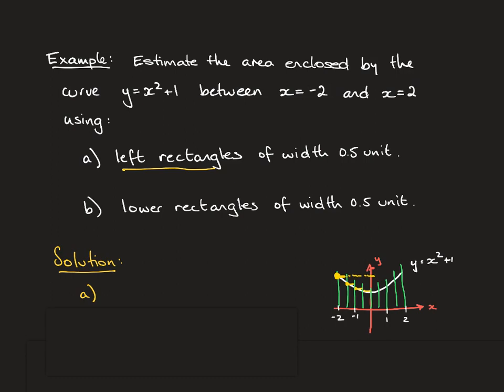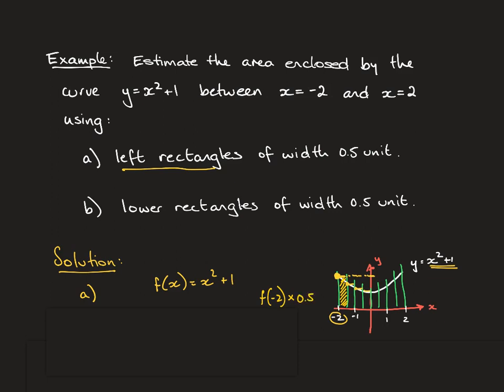And to find that height, what I need to do is substitute -2 into the equation x squared plus 1. So if I let x squared plus 1 be f of x, so let f of x be equal to x squared plus 1, then the area of this first rectangle is going to be its height, which is f of -2, times by its width, which is 0.5.